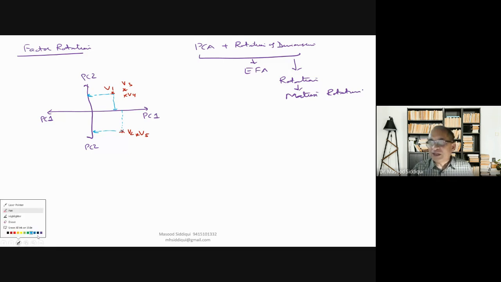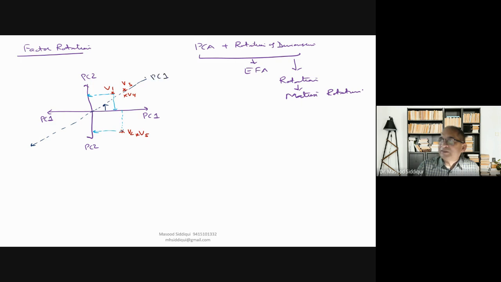Now, we rotate these dimensions mathematically. So now they are being rotated and this is the new position. Means it has been rotated here. So this is PC1, this is PC2. In the same way, other dimensions are also rotated, maintaining the 90 degrees.